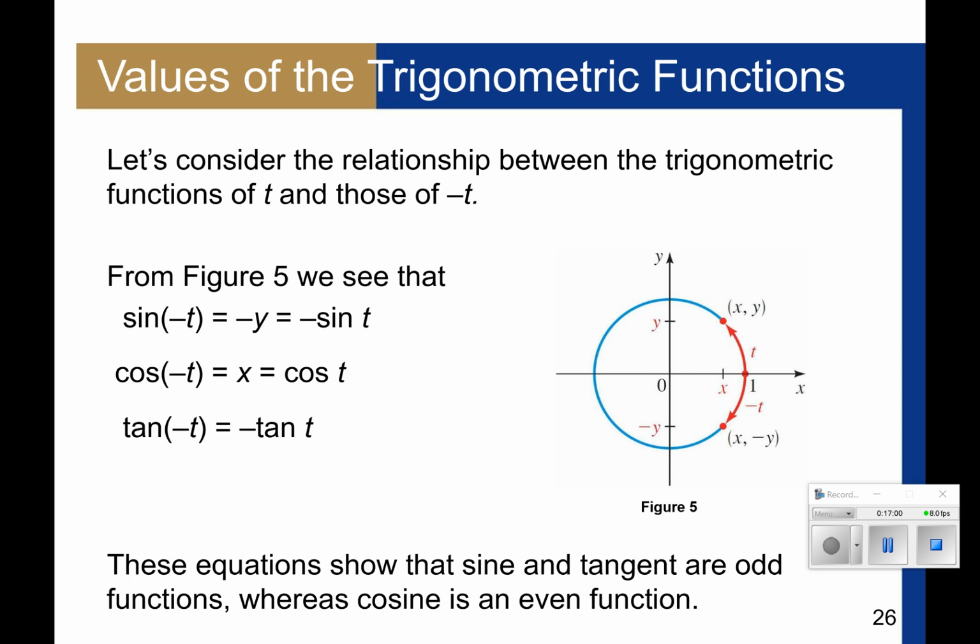The sine of negative t is going to be simply negative y, which is the negative of sine of t. Cosine of negative t, that's going to be our x-coordinate. It doesn't matter if you're up there in the first quadrant or down in the fourth quadrant. The x-coordinate is still going to be positive, so the cosine of negative t is equal to the cosine of t.